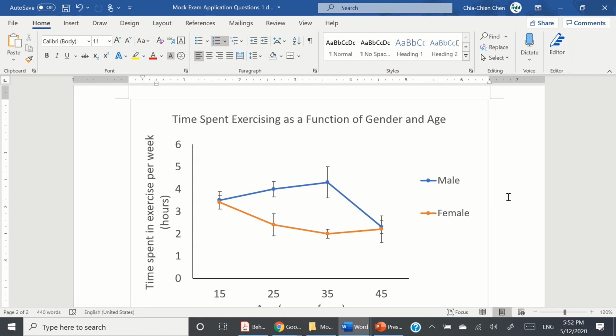However, the amount of time spent at the gym really depends on the age bracket. At 15 or at 45 years of age, males and females do not spend significantly different amounts of time at the gym. However, at 25 and 35 years of age, males spend significantly more time exercising than females.